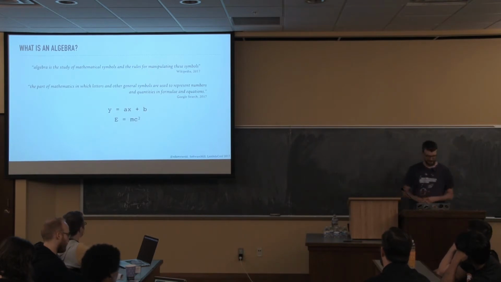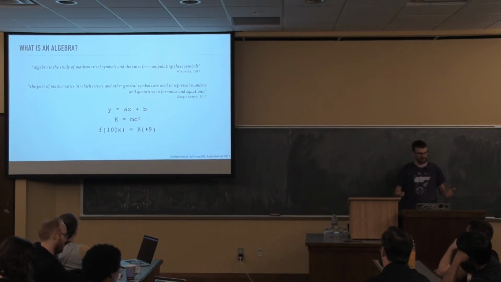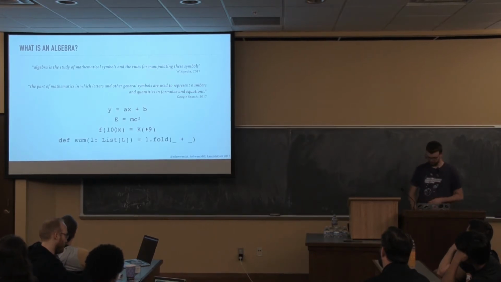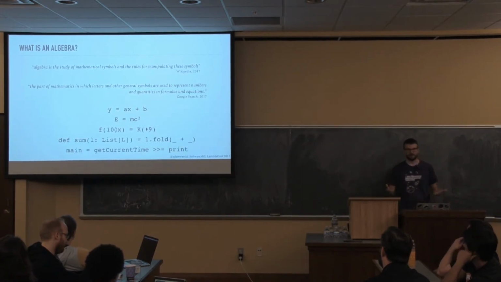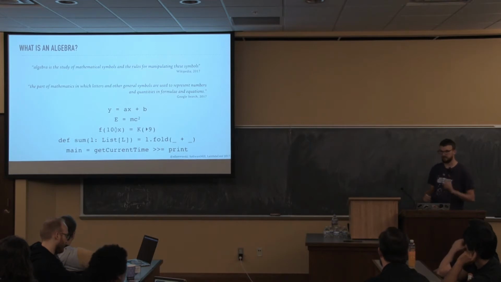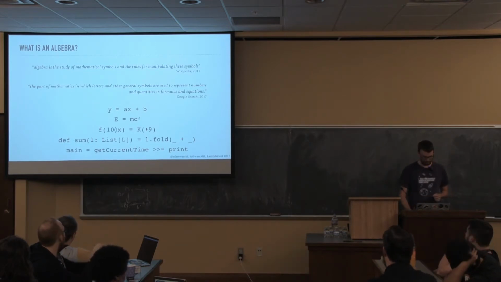We can invent our own symbols, our own rules for manipulating them, or we can even go as far as doing this or this. These are also algebras: we have some symbols, and some rules on how we can manipulate these symbols, either in Scala or in Haskell. So these are all algebras. Each one is distinct, each one has its own set of symbols and its own set of rules.